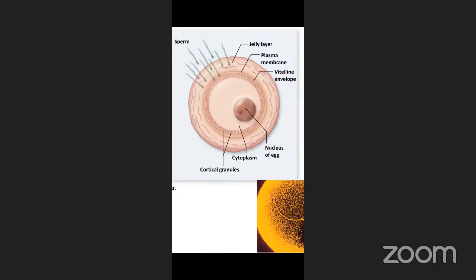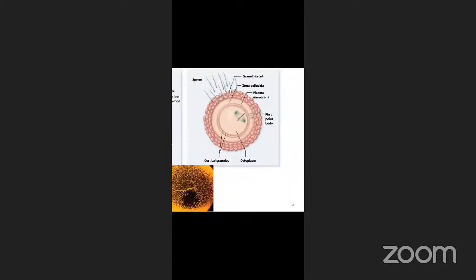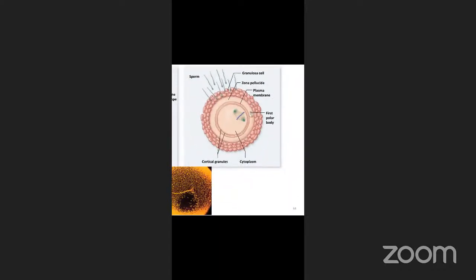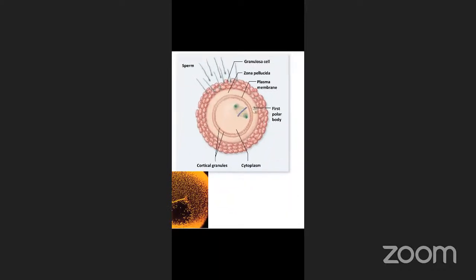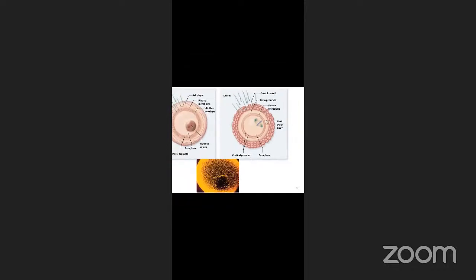Now, whenever sperm enters the zona pellucida, only one sperm can fertilize. Once one sperm fertilizes the egg, the zona pellucida will become harder so that it prevents the entry of other sperm. This is the original image, how it looks. Okay?